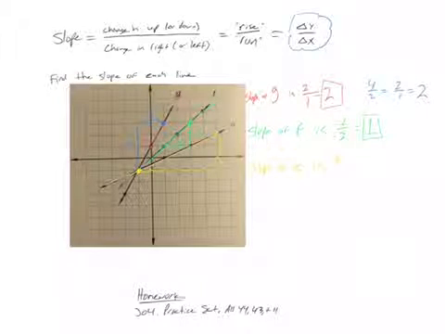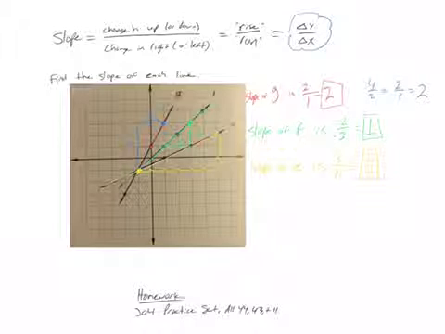So it'd be 6 over 3, no, it's rise over run, so it's going to be 3 over 6, which is going to come out to be 1/2 if you divide both top and bottom by 3. So your slope on that one would be 1/2.